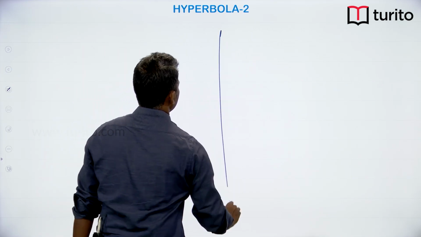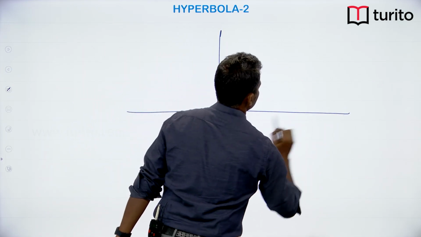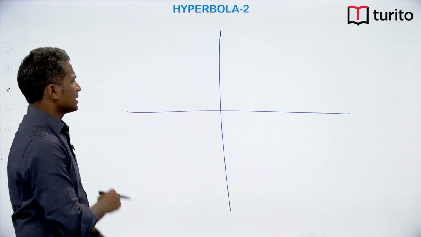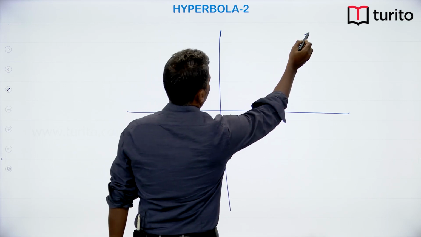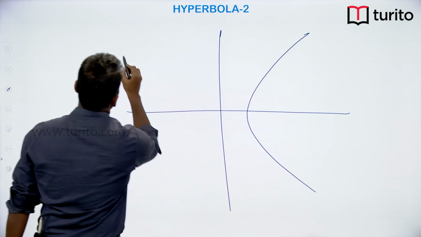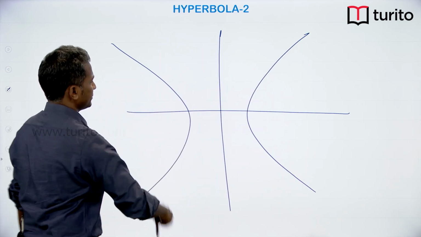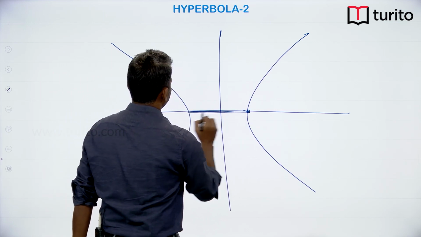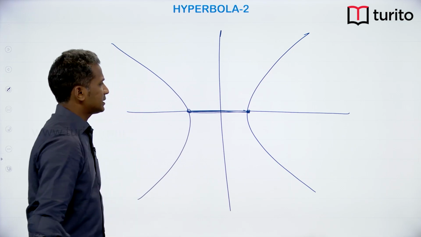Let us say we have this conjugate axis, this is the transverse axis, and we have hyperbola this way, and here also we have hyperbola this way. Now, these are the vertices and this is the transverse axis.